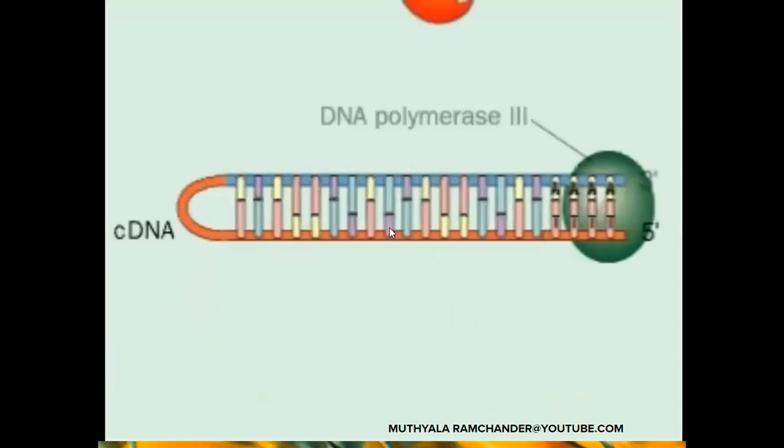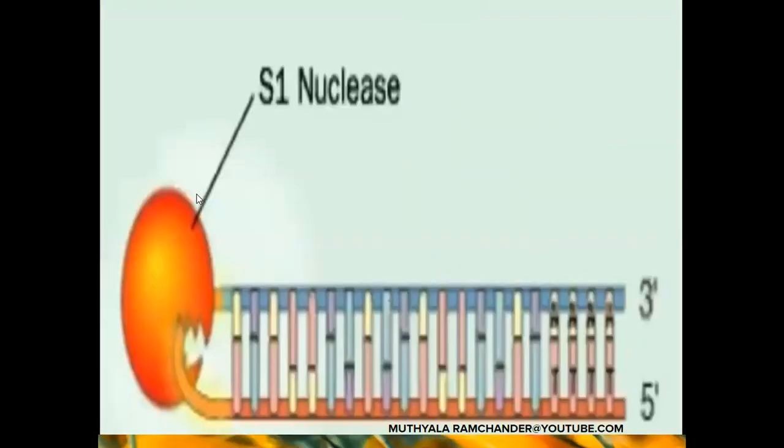The double-stranded DNA contains one hairpin loop-like structure at one end. The hairpin loop-like structure is eliminated or deleted by S1 nuclease enzyme. With the help of S1 nuclease enzyme, the hairpin loop-like structure is eliminated.